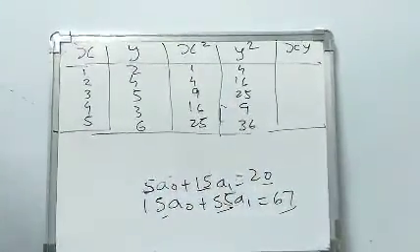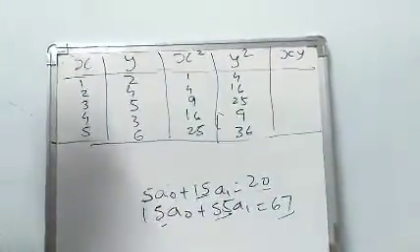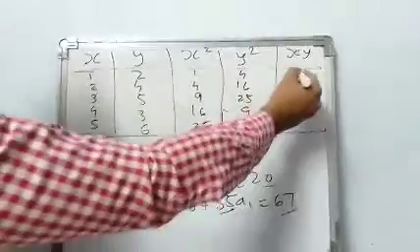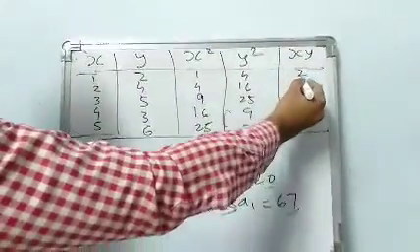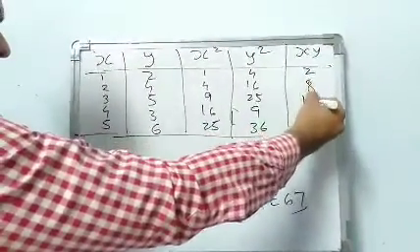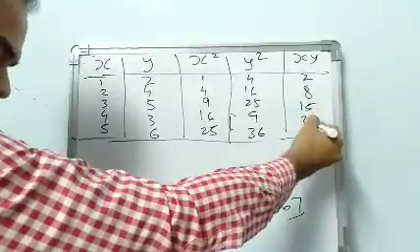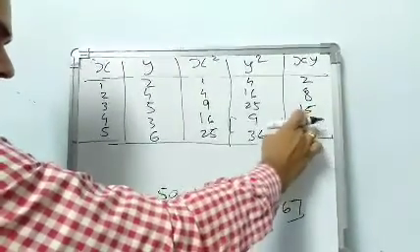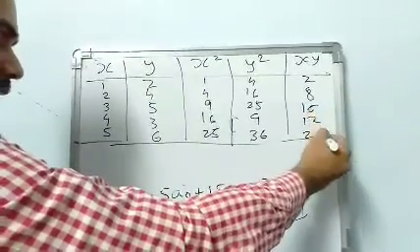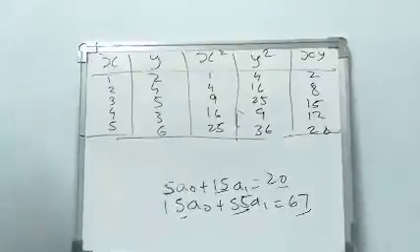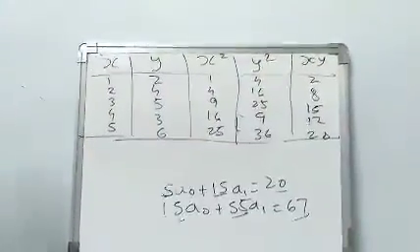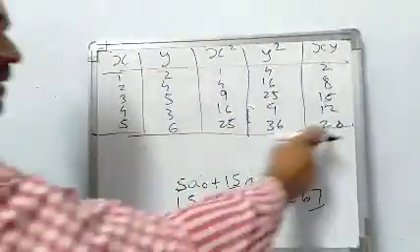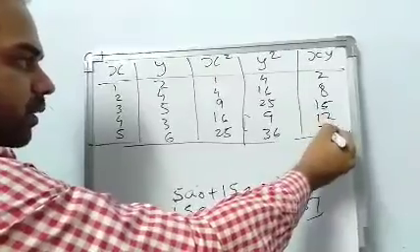Now the values of xy, x into y, are 2, 8, 15, 12, and then 5 into 6 is 30, sorry.